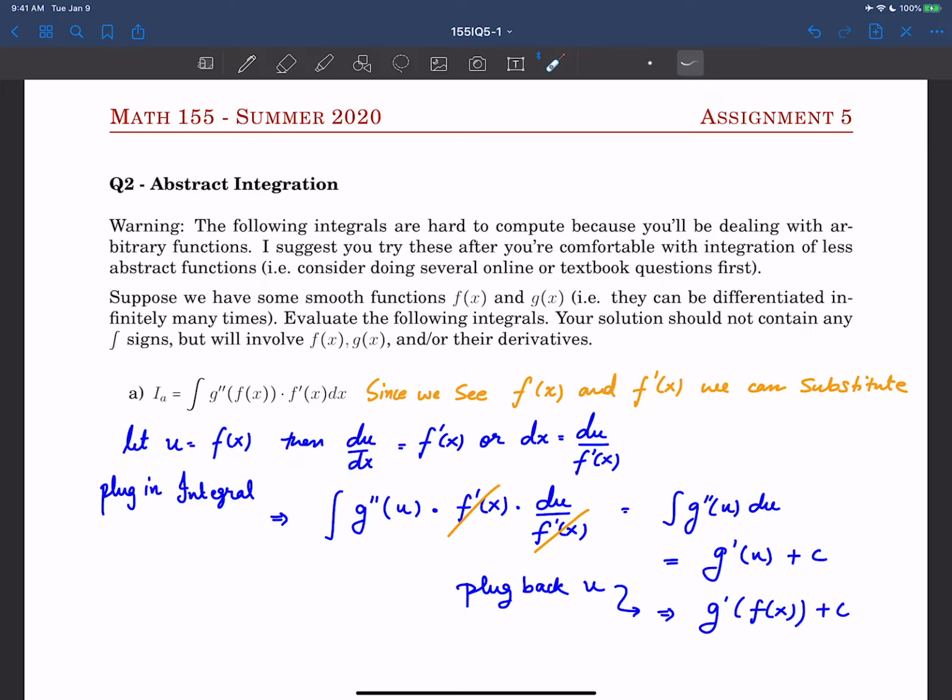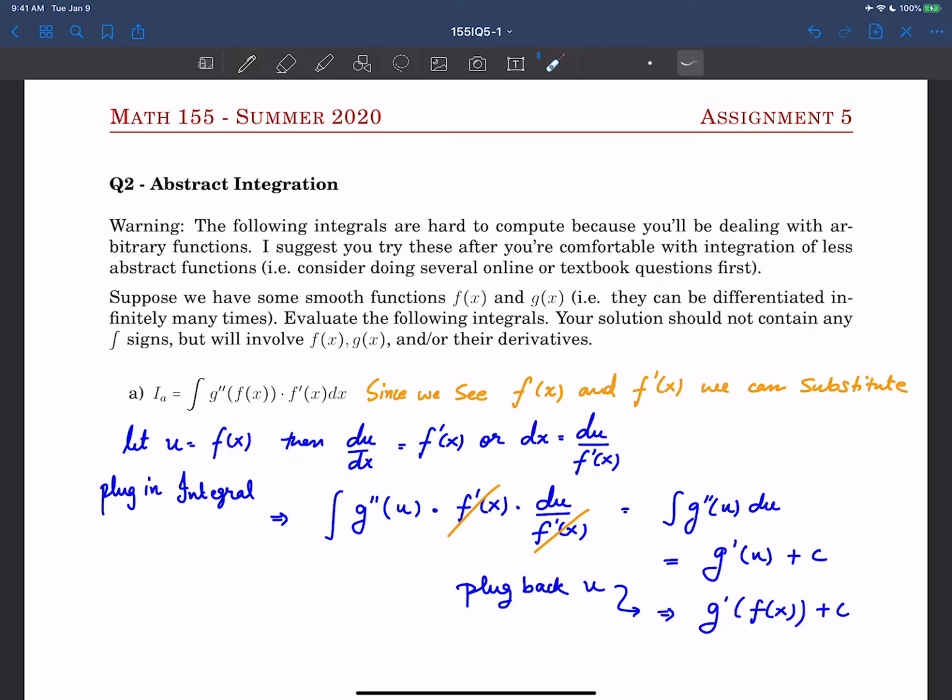The antiderivative of the double derivative is just the single derivative. So you could have done that very easily. So the aim here is to make this look very easy. You do that by going with your intuition and substituting it. And to help the substitution, you must have its derivative outside there being multiplied with dx. That's a must. If you have that, then you can easily make sure the substitution method works.